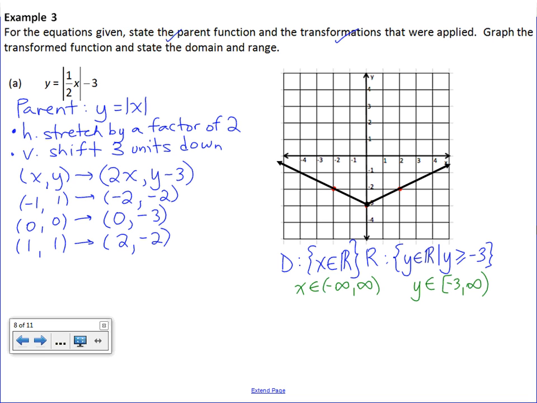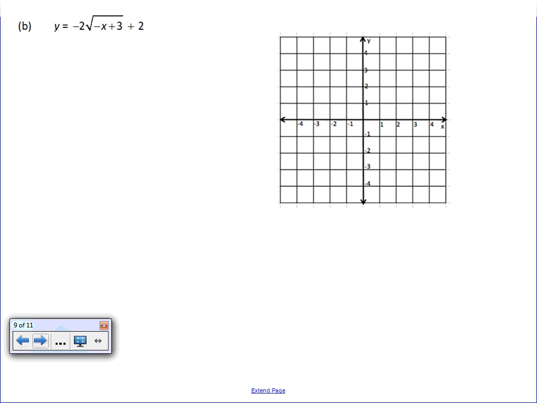Okay, let's do the next one. There's lots more happening with this one. Extra exciting. So y equals -2 square root of -x plus 3, plus 2. Everyone should have your radar on when you get questions like this.